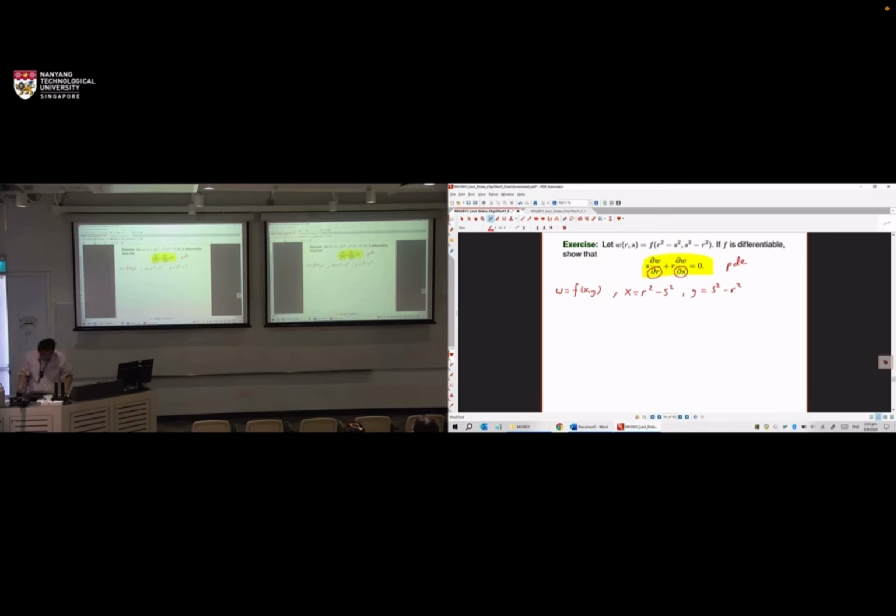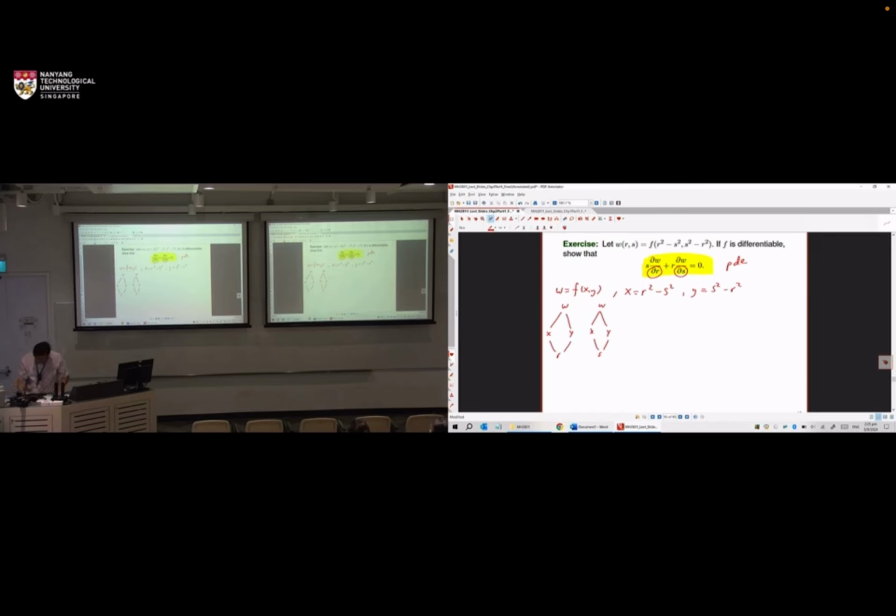After you have done that, you know that your W has X and Y, and then you go to R, and you also have W, X and Y, and then you go to S. These are your two independent variables.